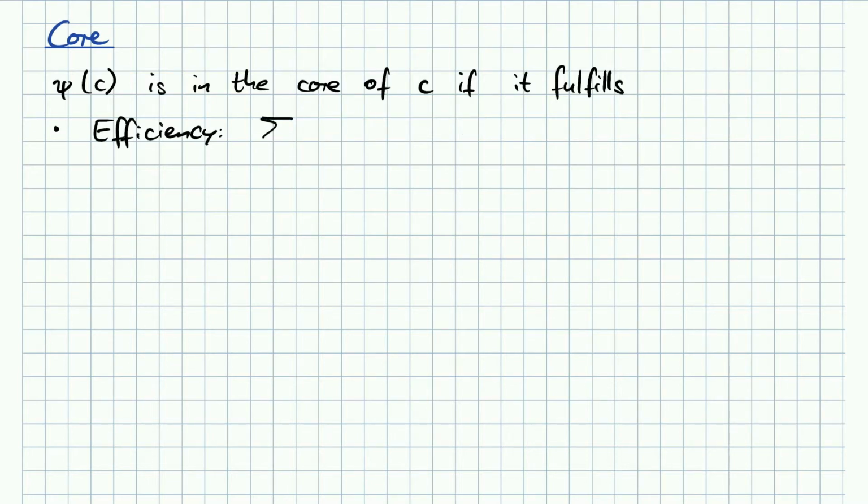The sum of the individual cost shares should sum up to the cost of all agents together. So the sum of the individual costs exactly recover the social cost.